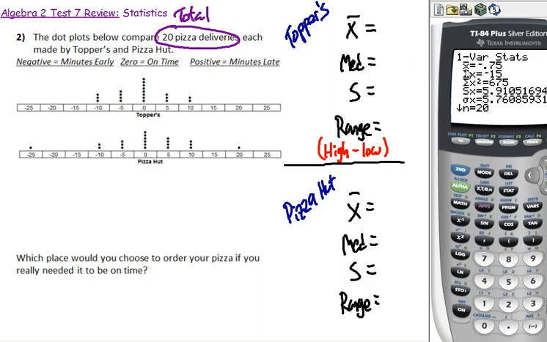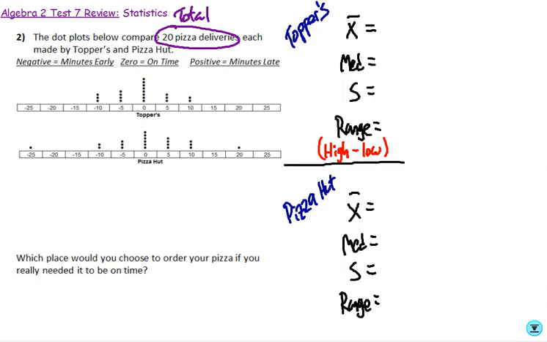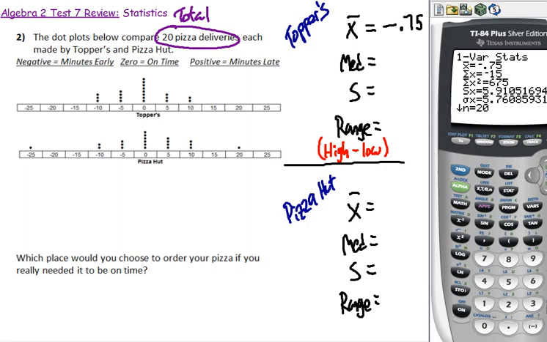So our x bar, which is our average, would be a negative 0.75. So let's think about what that means. Remember, negative means that they were early. So on average, it looks like Toppers was almost a minute early, right? So that's good.